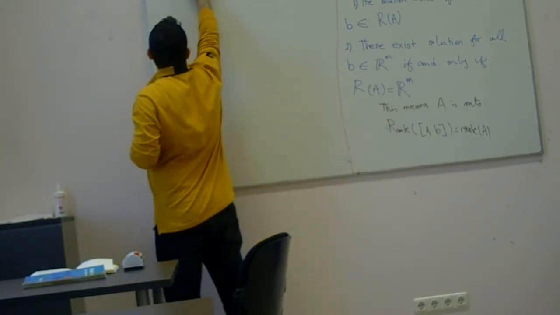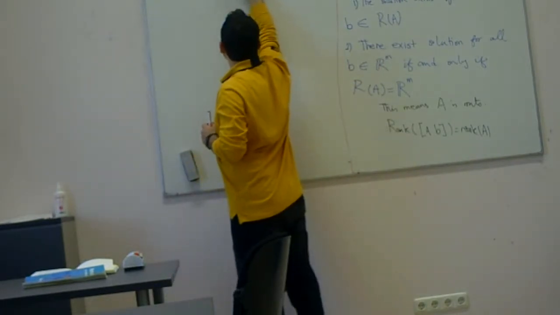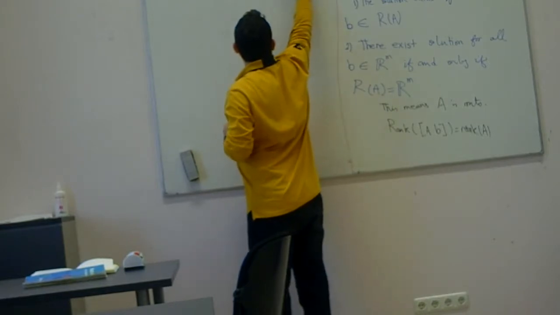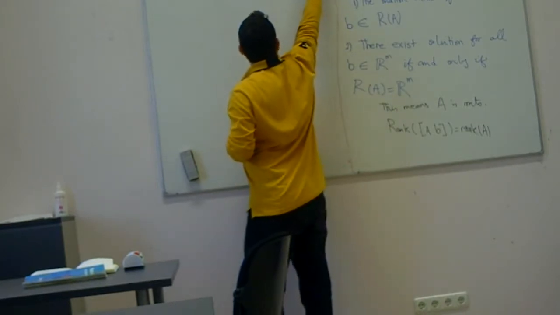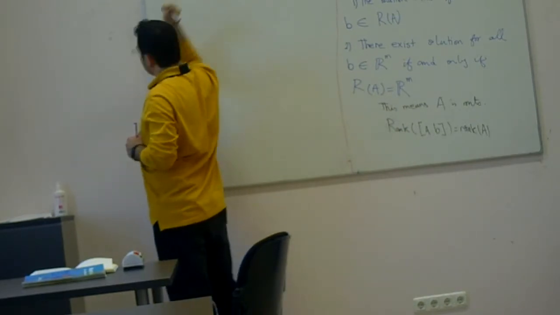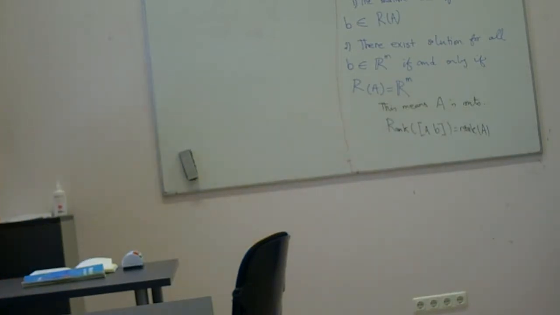The solution is unique if and only if null space of A is equal to 0. What does it mean? Null space of A is equal to 0.